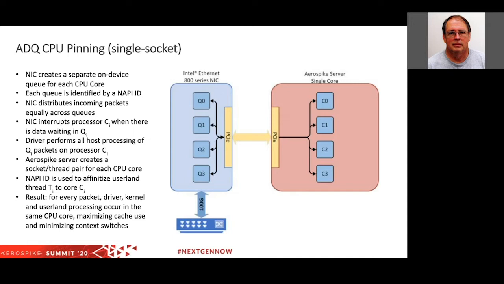It's connected through PCIe. It in turn is taking 100 gig traffic off a switch, and this schematic shows that there is a device queue that has been set up in one-to-one correspondence with each of the vCPUs on the host.